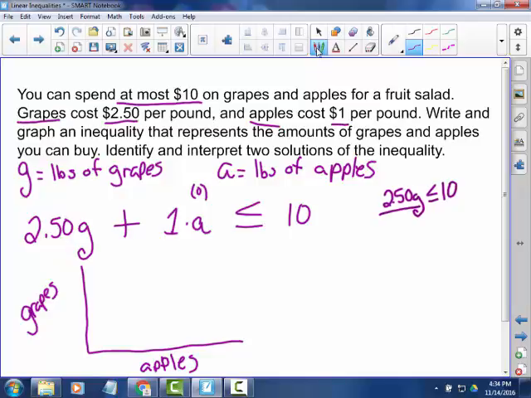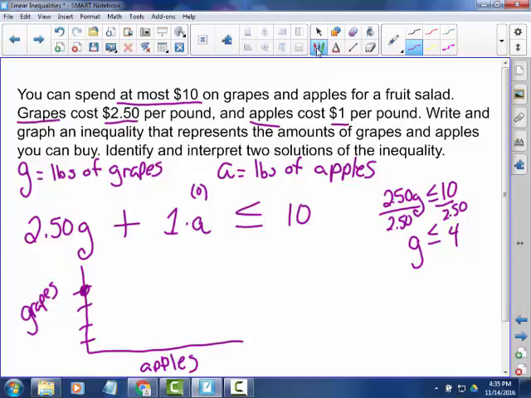So if I then divide that by 2.50, then that means that my pounds of grapes would have to be less than or equal to, let's see, 10 divided by 2.50 is 4. So I'd have to have less than or equal to 4 pounds of grapes. So that would be 0 apples. So that would be my y-intercept, right? So 0 apples, 4 pounds of grapes. Okay.